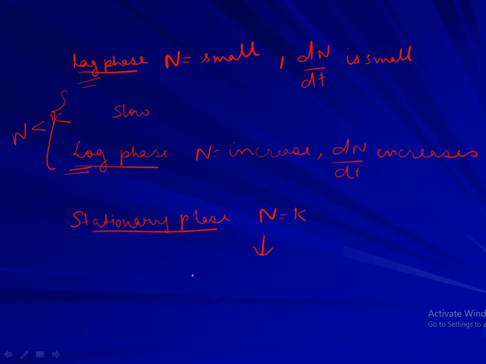If you put N equal to K in the equation dN by dt is equal to rN (K minus N) upon K, then the right hand side will be 0. So dN by dt is equal to 0, which tells us a constant population.